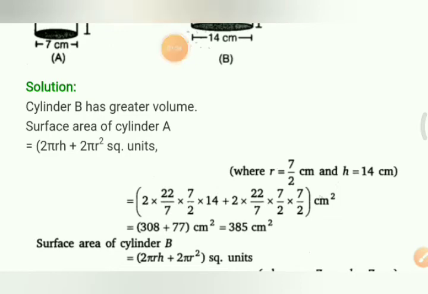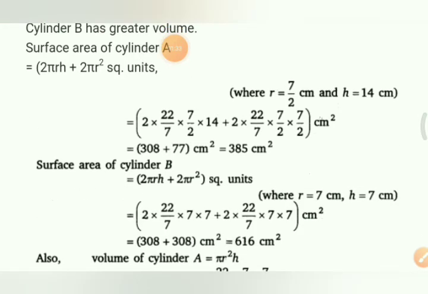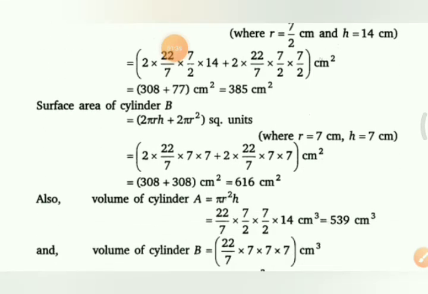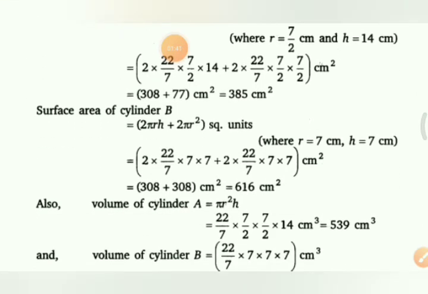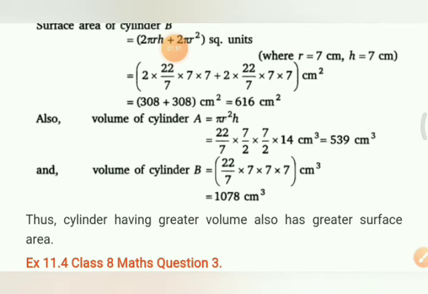The total surface area will be 2 pi R (H plus R). This formula also you can use, and on substituting you will get the surface area of cylinder A as 385 centimeter square and surface area of cylinder B as 616 centimeter square. Now we'll find the volume of cylinder A and cylinder B.